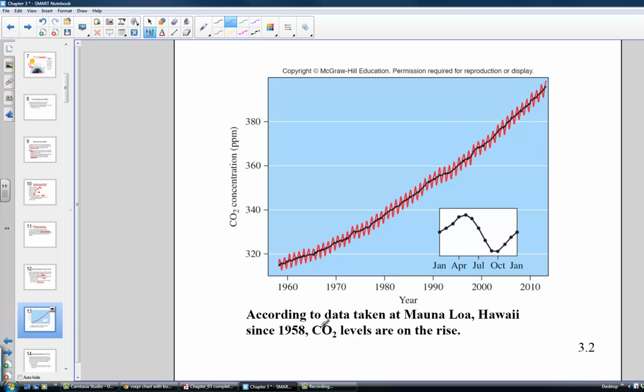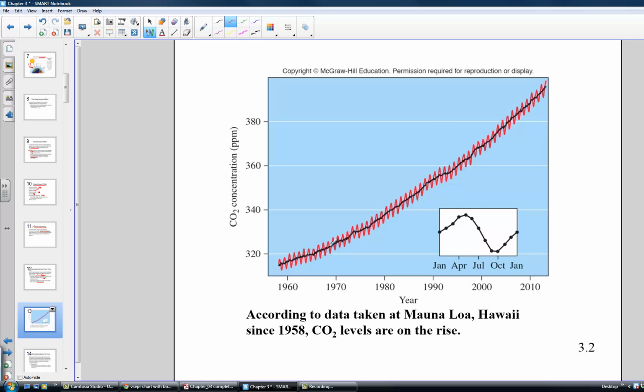And what they started to do is just record carbon dioxide levels, really just considering volcanic action at this particular volcano in Hawaii. They started to just measure a natural occurrence of CO2. And what would you say is just a general observation from 1960?